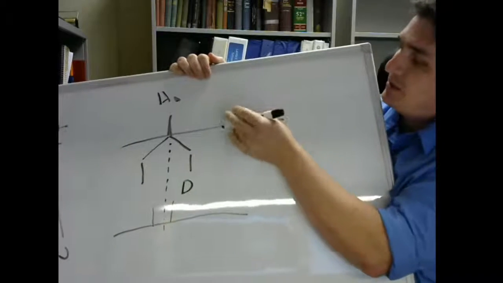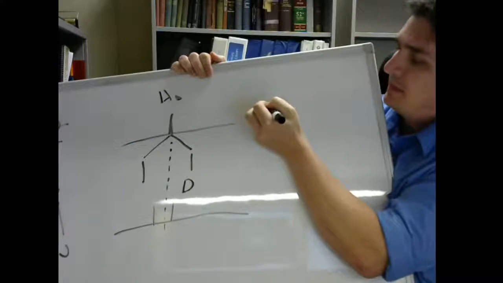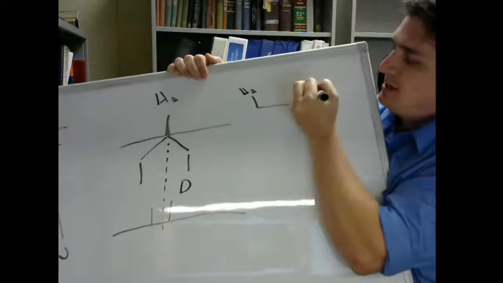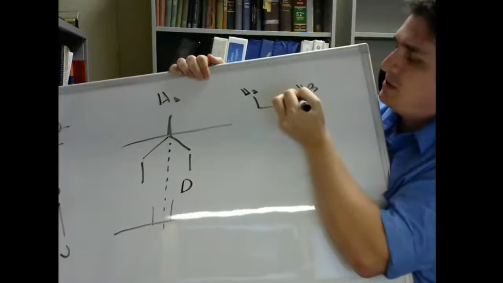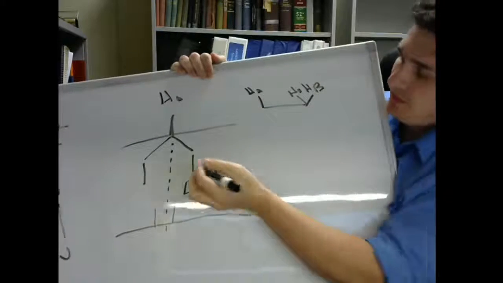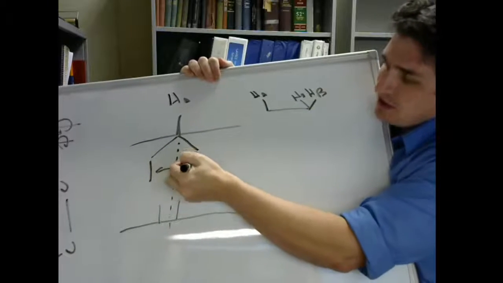Now, let's say we redraw our molecule again. So we have HA, HB, but now we've got two B atoms. We have two hydrogens attached to the same atom. The difference in this energy is called the J coupling constant.